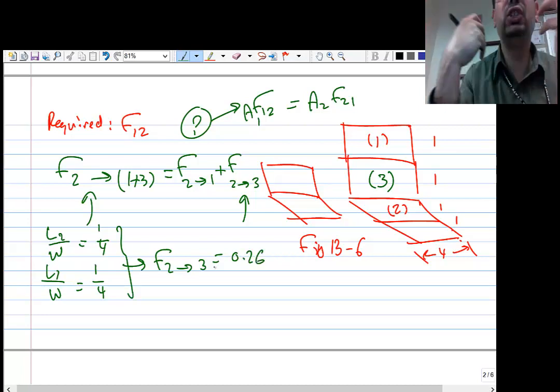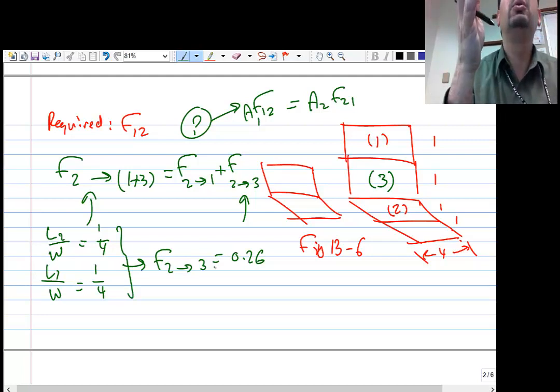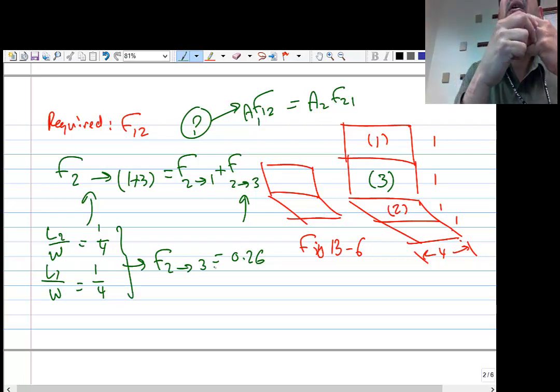So out of all the radiation leaving surface 2, surface 3 will get 26% of it. Okay? And the same thing for F2 to 1 and 3.